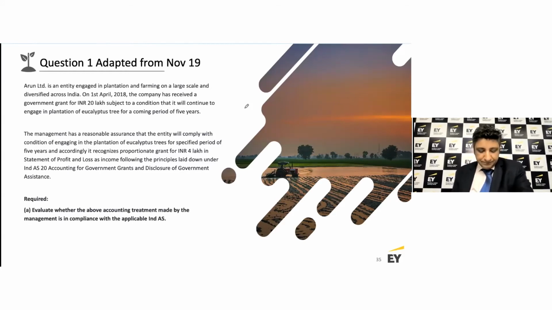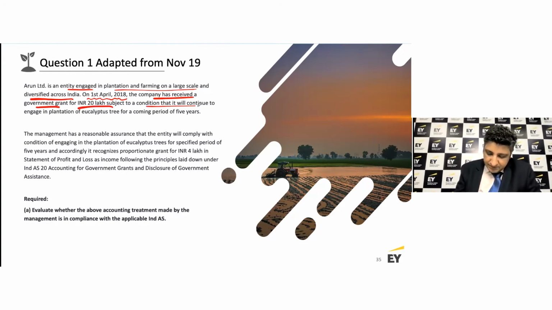It says that Arun Limited is an entity engaged in plantation and farming on a large scale and is diversified across India. On 1st of April 18, okay, the company has received a government grant of 20 lakh rupees, subject to a condition that it will continue to engage in plantation of eucalyptus trees for a coming period of 5 years.